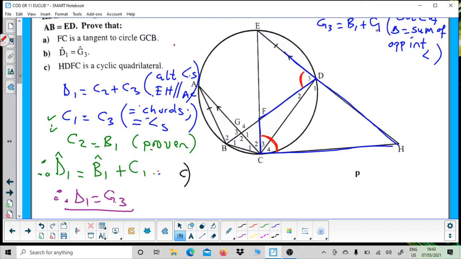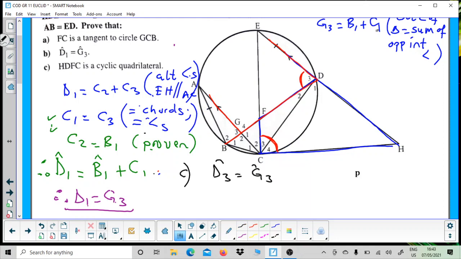Guys, do you see that D3 is equal to G3? How many of you are seeing that? Yeah. So if I can, look at these corresponding angles. Can you see that? So already we know one thing. Let's write it down. D3 is equal to G3.